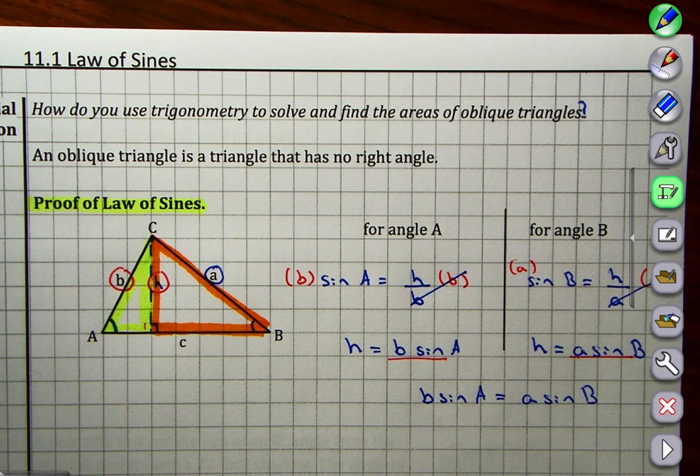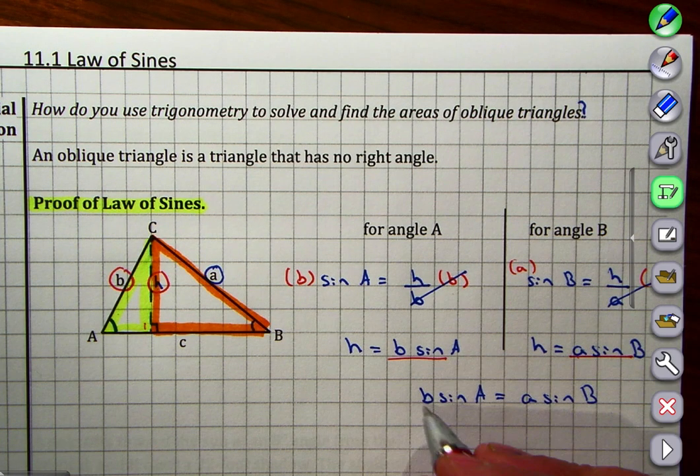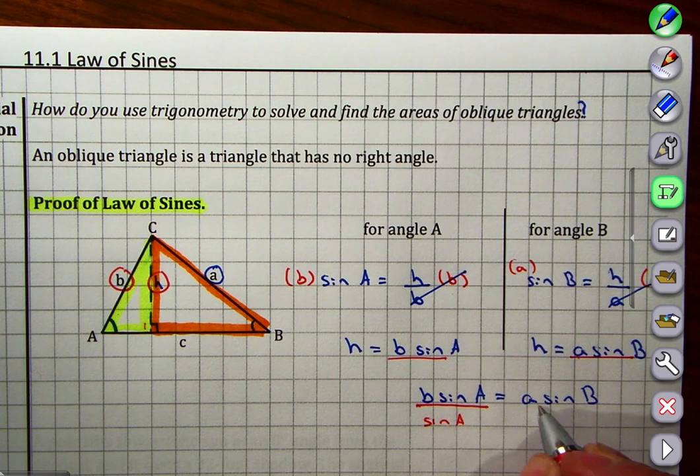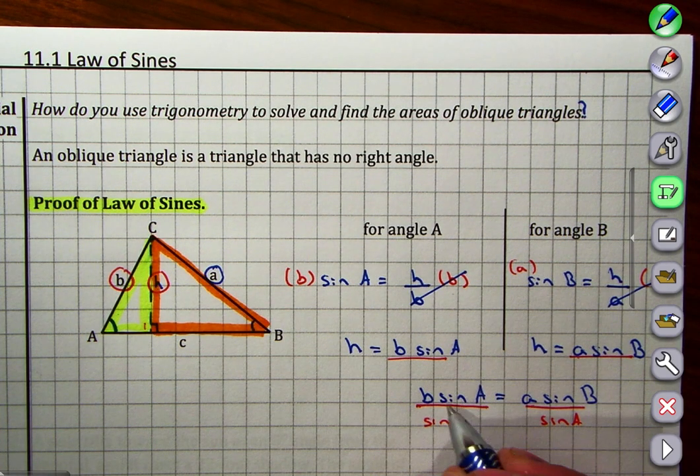Now I'm going to divide by sine of A on both sides, so therefore we have b equals a sine of B over the sine of A.